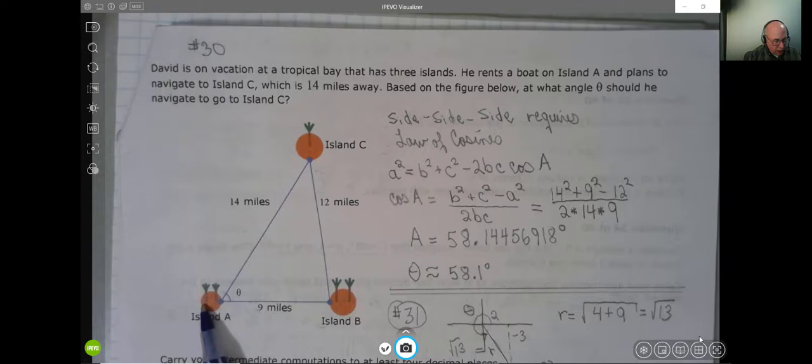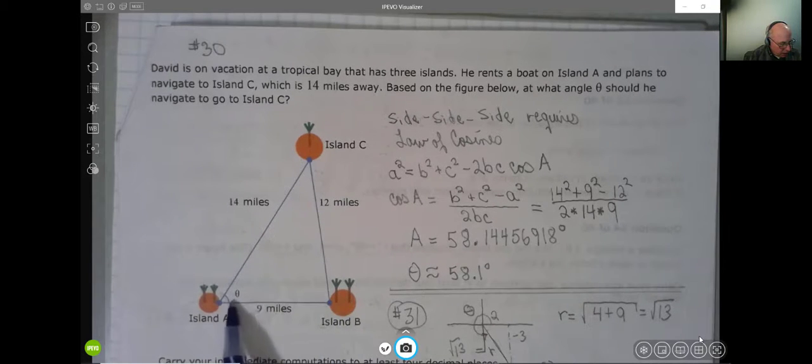Based on the figure below, at what angle theta should he navigate to go to island C? So we're looking for this angle right here. So presumably he can take a sighting from here to here, and then if he can compute that angle, he knows the heading to proceed directly to island C.